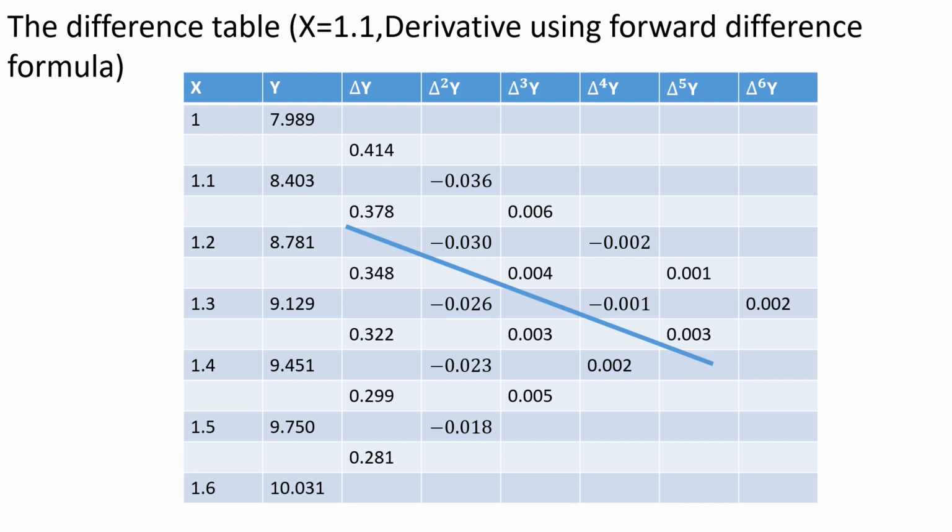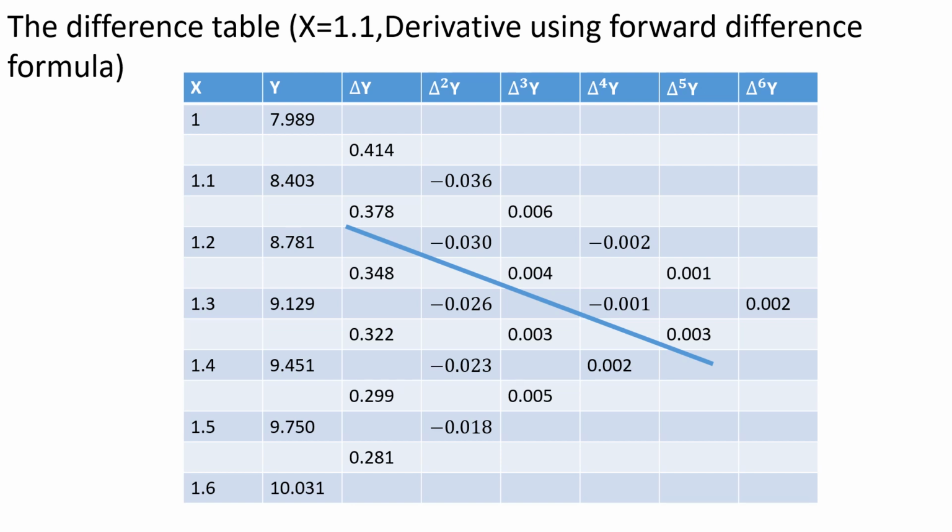Delta y will be 0.378, delta² y will be minus 0.30, then delta³ y and delta⁴ y. You subtract this one from this one, this is the answer, and so on for each.